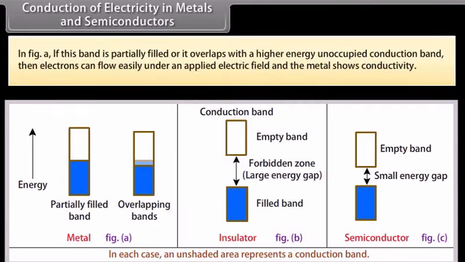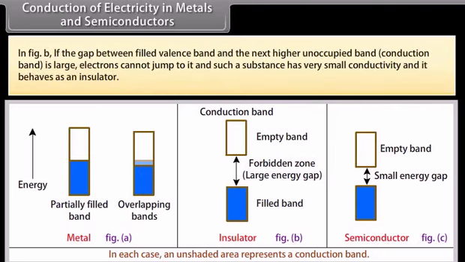In Figure A, if this band is partially filled or it overlaps with a higher energy occupied conduction band, then electrons can flow easily under an applied electrical field and the metal shows conductivity. In Figure B, if the gap between the filled valence band and the next higher unoccupied band, the conduction band, is large, electrons cannot jump to it and such a substance has very small conductivity and behaves as an insulator.